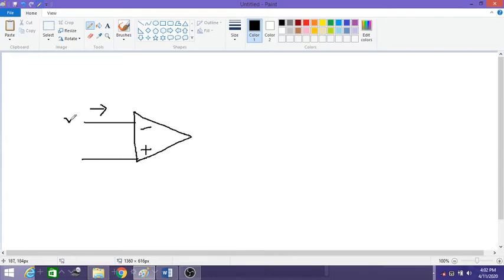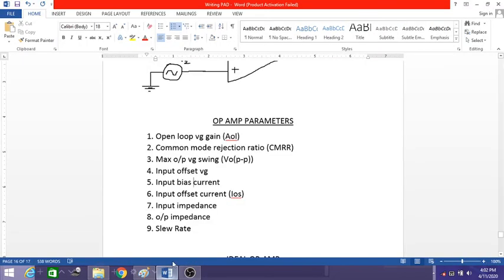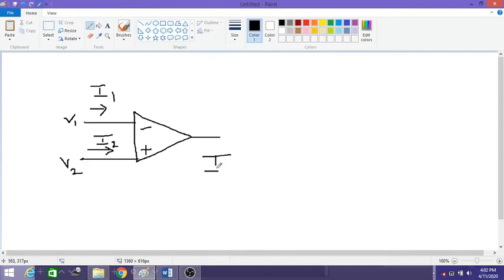If the current at the inverting terminal V1 I call I1, and the current at the non-inverting terminal I call I2, then the input bias current I bias is equal to (I1 plus I2) by 2. I bias is nothing but the average current of I1 and I2. Now let us talk about the input offset current.